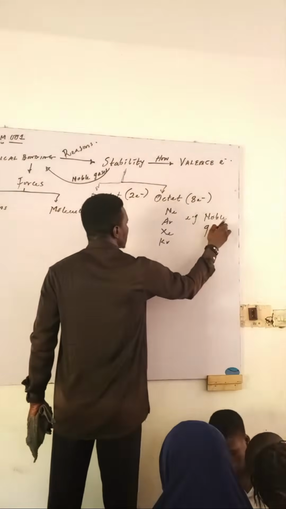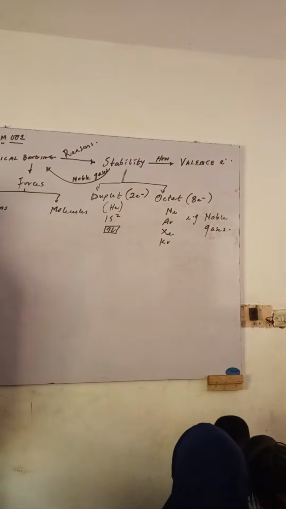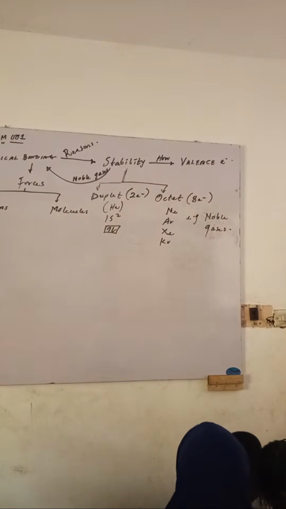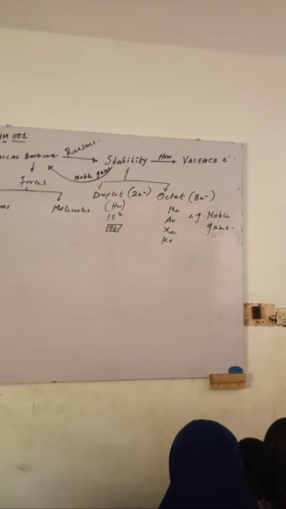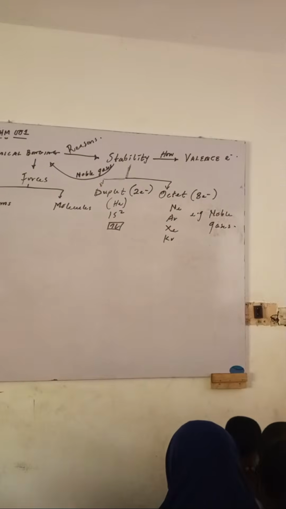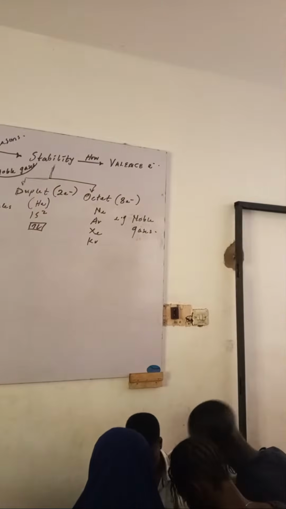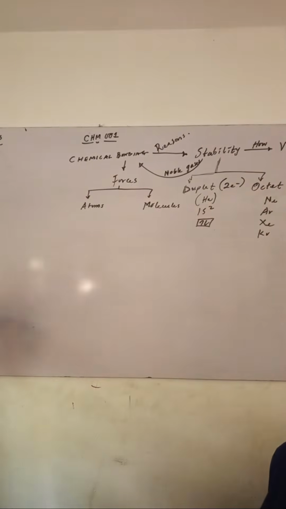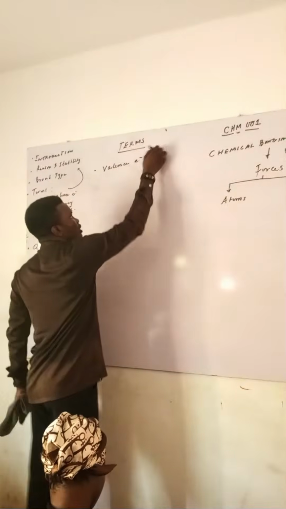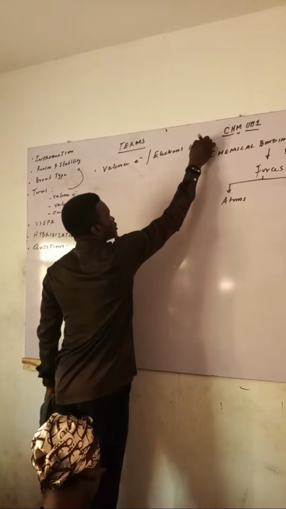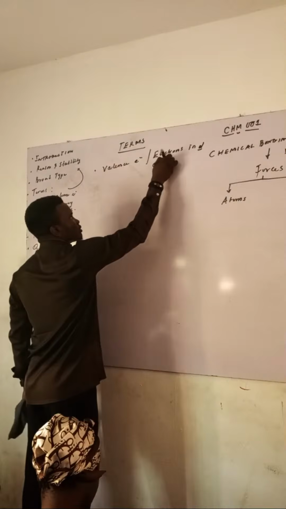So now, leaving that aside, when you are talking about bonding, we have some terms you use. What are the terms we use? Quickly, there's what we call the valence electron. The valence electron is the total number of electrons in the outermost shell.